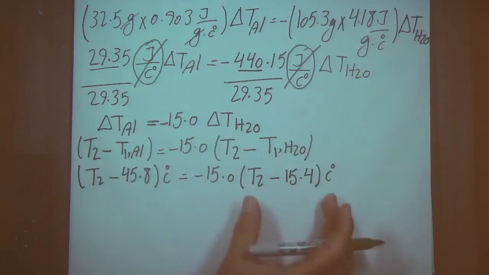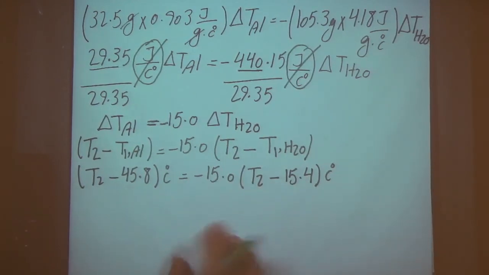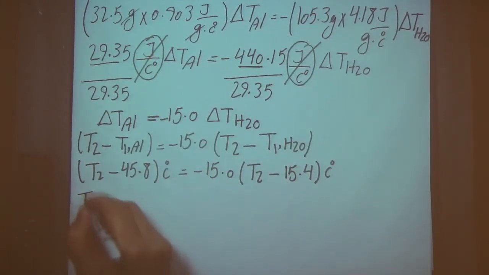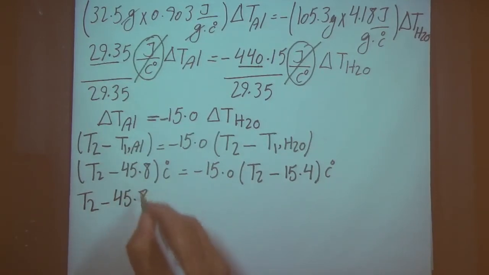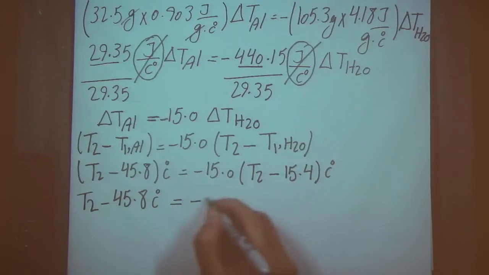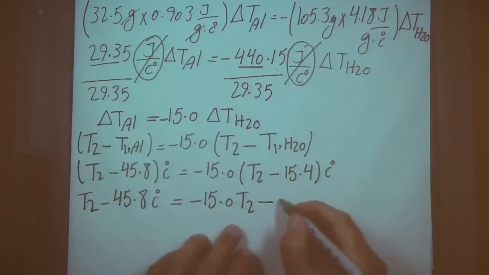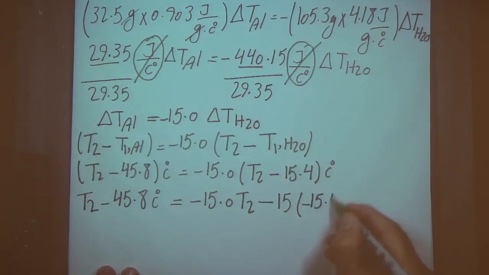Multiply the 15 to the entire parentheses, and then rearrange the equation to get the final temperature. So I get T2 minus 45.8 degrees Celsius equal to minus 15.0 T2, minus of minus, so it will be minus 15 multiplied minus 15.4.